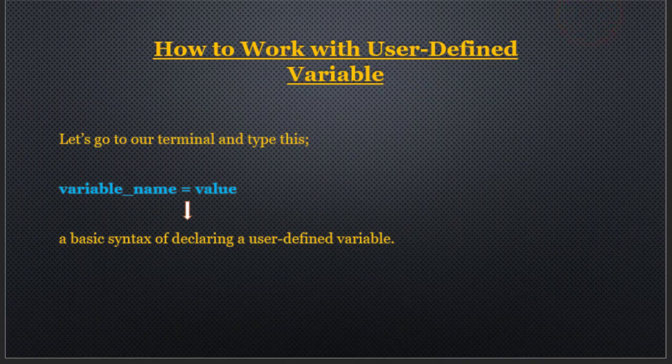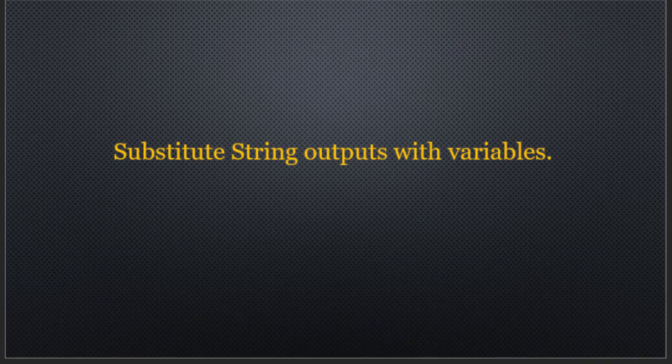Okay, so the next thing we're going to do is look at how to substitute string output with these variables. You should follow along with this script that I'm going to be writing in my editor, or better still, I'm going to copy the script and put it in the description below. I'd advise you to copy it into your notepad and type it inside your editor so you can learn faster.